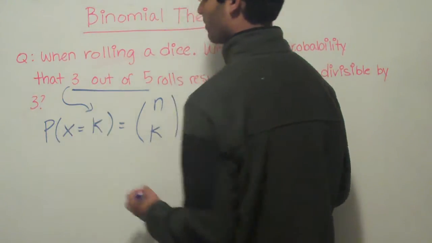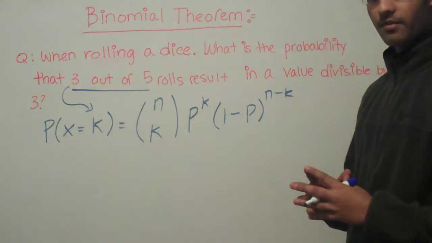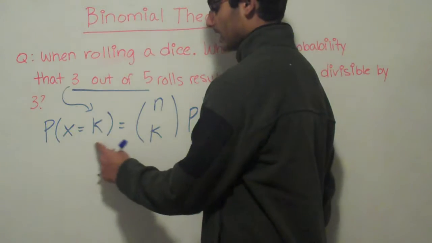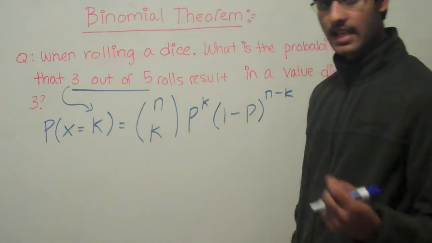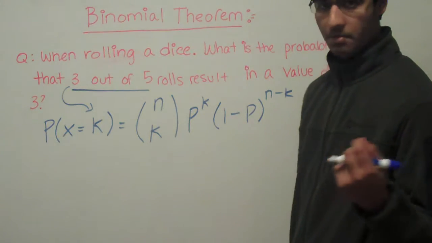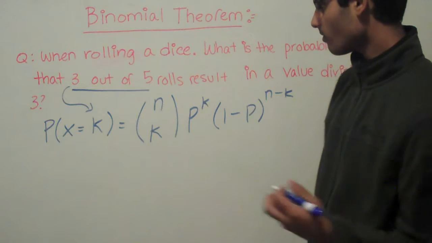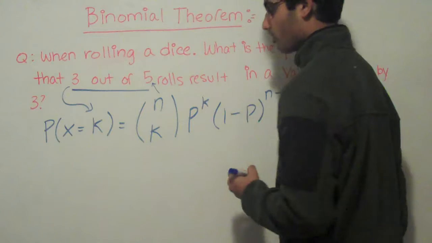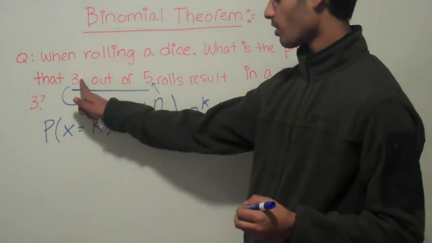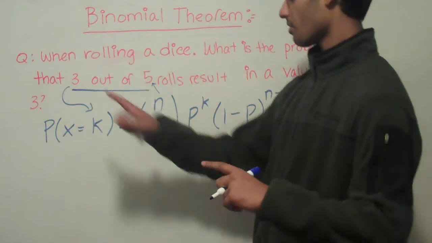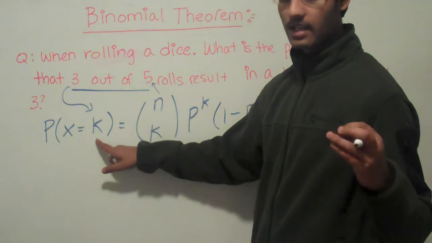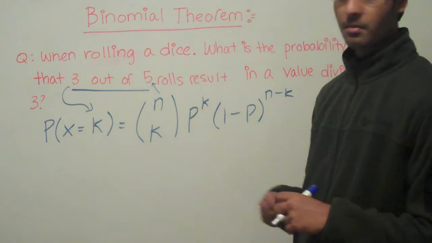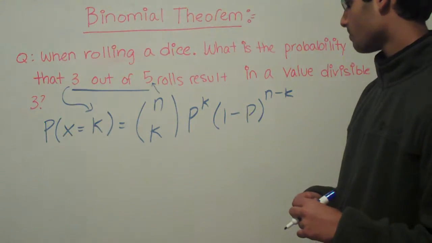So k is the number of instances of success you want to find the probability of. n is the total number of trials that are happening, so 5 trials. You want to find the probability of 3 successes, so k is the number of successes you want to find the probability of, and n is the number of trials you want to have.